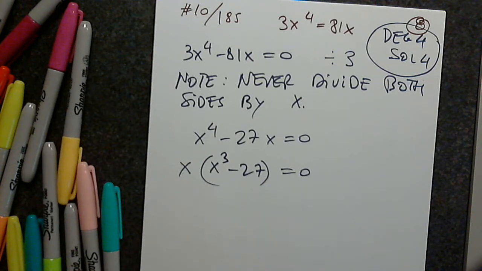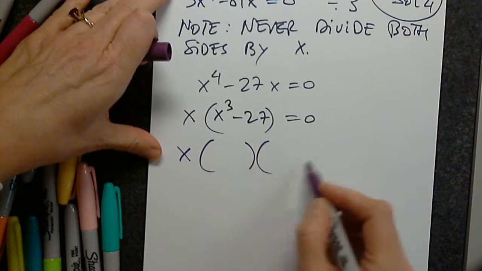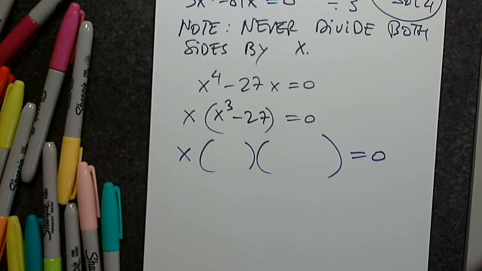Very good. So now how do we address x cubed minus 27? Anyone? Indeed. Awesome. She said the difference of cubes. Very good. Which means I have to come up with a binomial and a trinomial. Excellent.